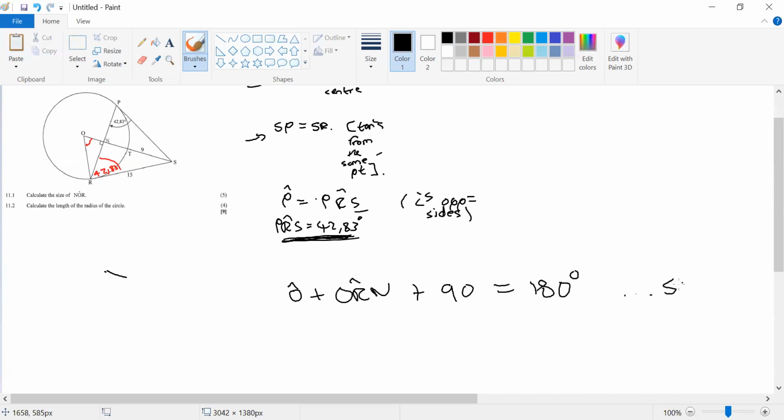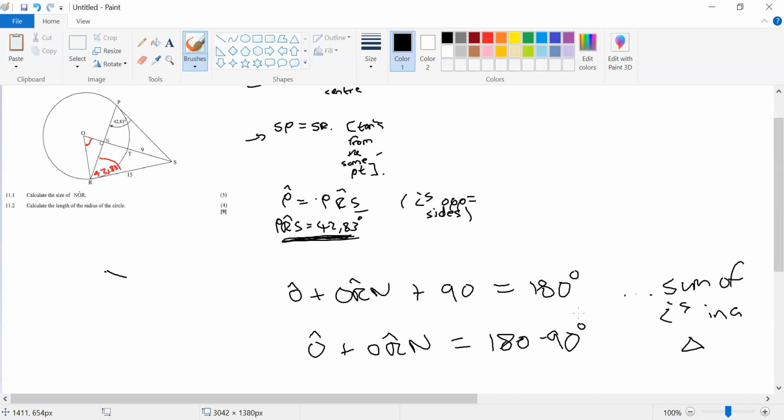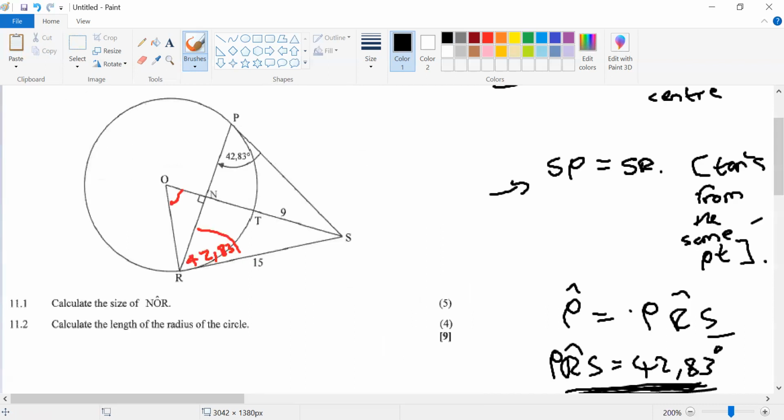And this is because of sum of angles in a triangle. Now let's clean this up, make it a bit simpler for us to read. Angle O plus angle ORN is equal to 180 minus 90. All right, so we're one step closer, but the only thing is that we don't know angle ORN. But that's going to be our next objective now. How can we determine angle ORN?